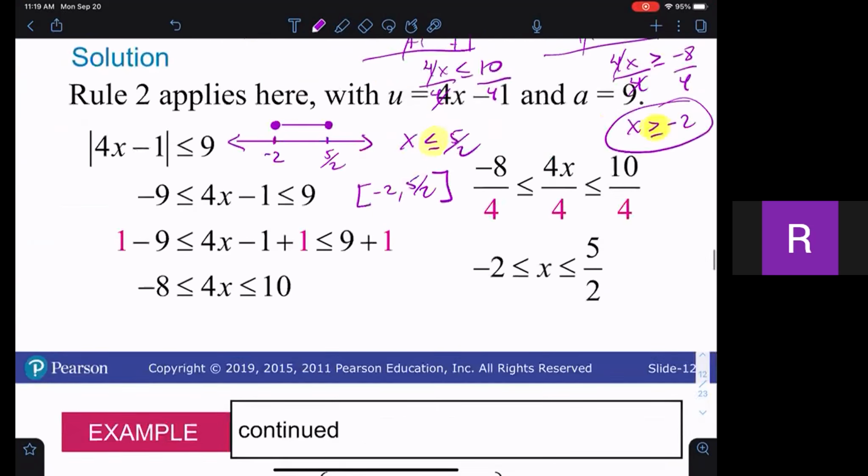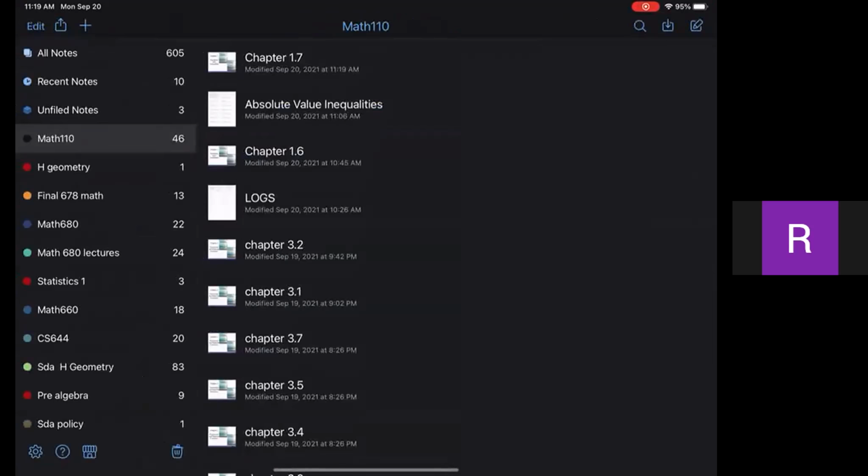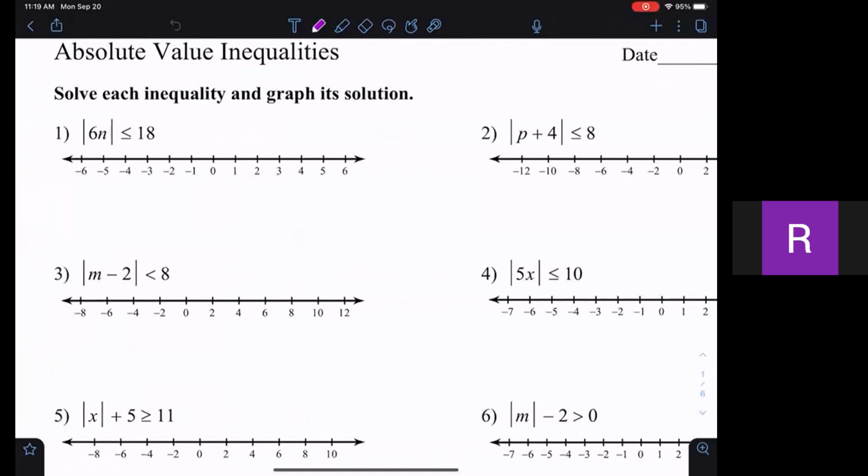Now I have a lot of problems just to practice, right? So the main idea with the and or, you can think about this. Look, if you have the absolute value of a is less than, let's say, a number like 5, that means that you can think about absolute value as the distance from 0, right?